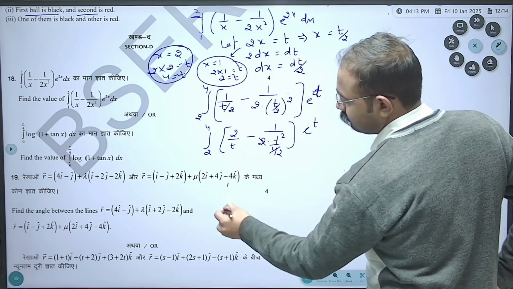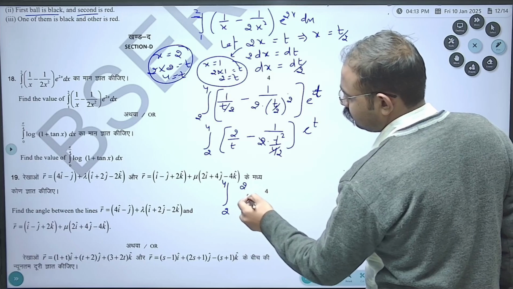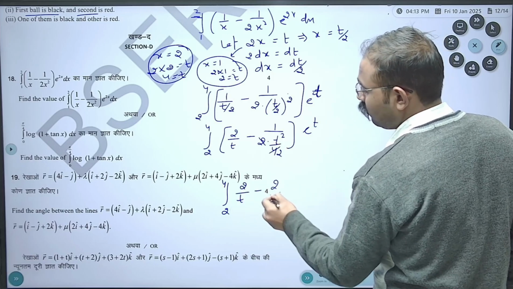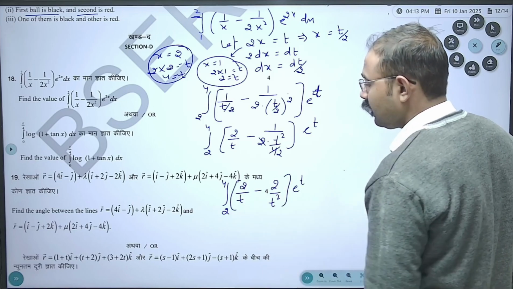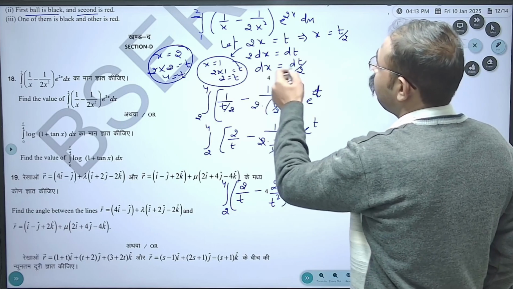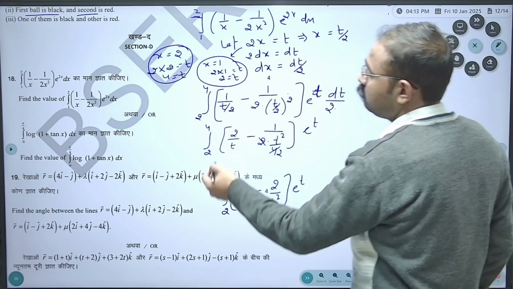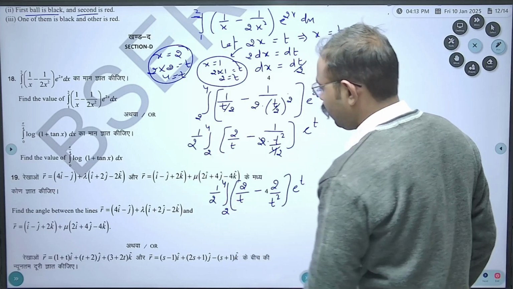Again 2 to 4, this is 2 upon t minus, this 2 will go upside, 2 upon t square, e raised to the power t. And one more thing, in place of dx we have to put dt upon 2. This 2 will come ahead, like 1 upon 2.